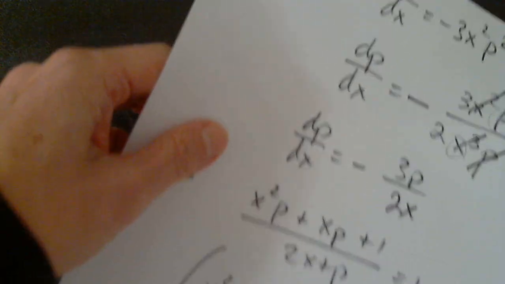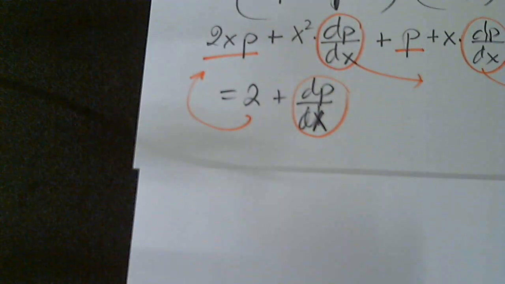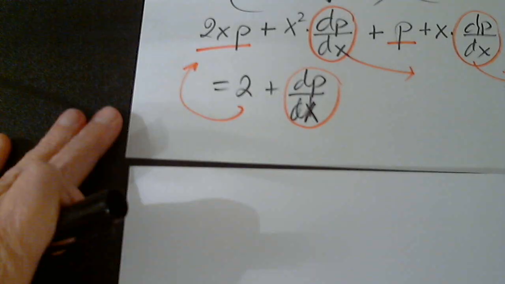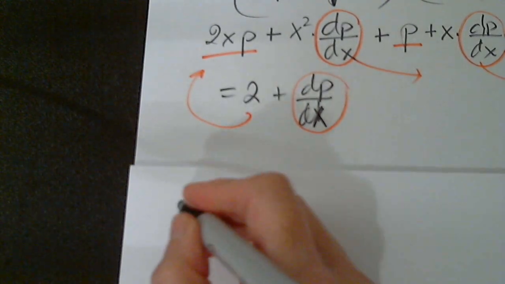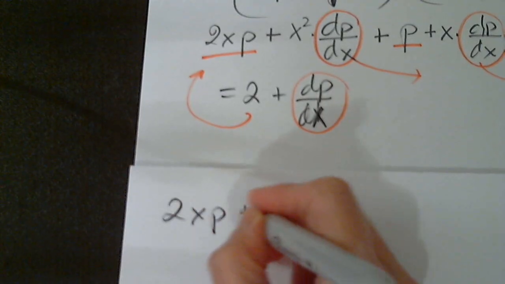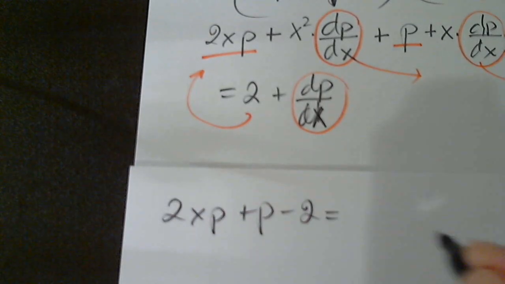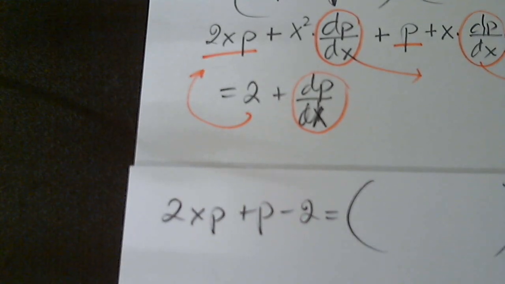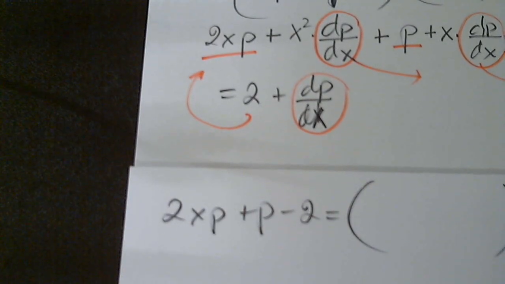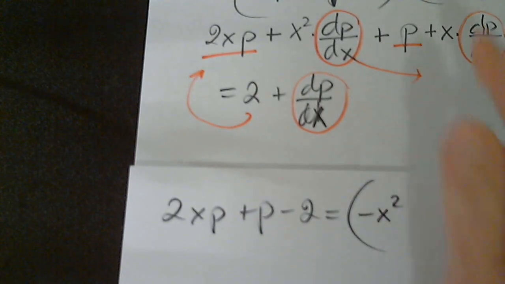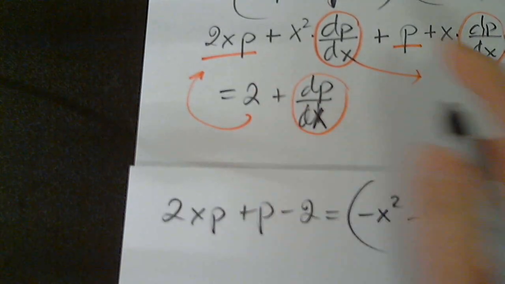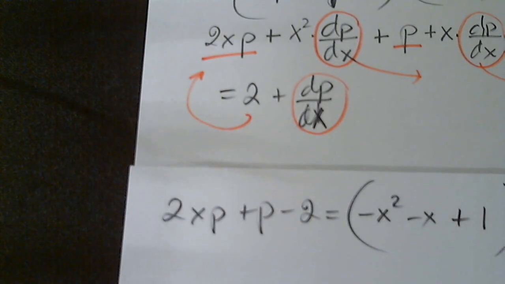This is not calculus. Okay, so let's do just that. So 2xp plus p minus 2 equals. I'm going to factor out dp over dx. From here I have a negative x squared, from here I have a negative x, and from here I have positive 1.